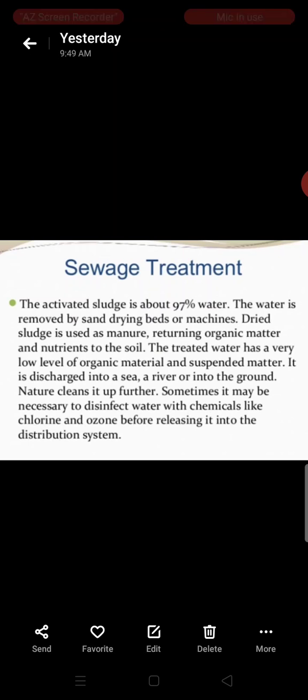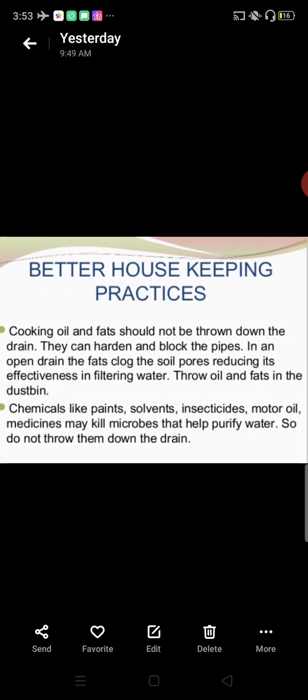Nature cleans it up further. Sometimes it may be necessary to disinfect water with chemicals like chlorine and ozone before releasing it into the distribution system. Now this water is also being cleared with the help of chemicals like chlorine and ozone before disposing of into the water.